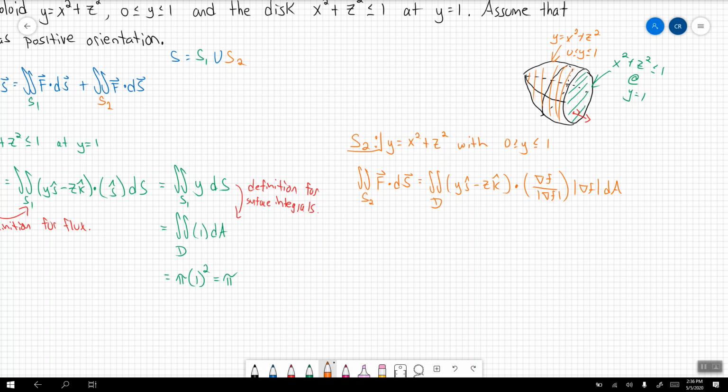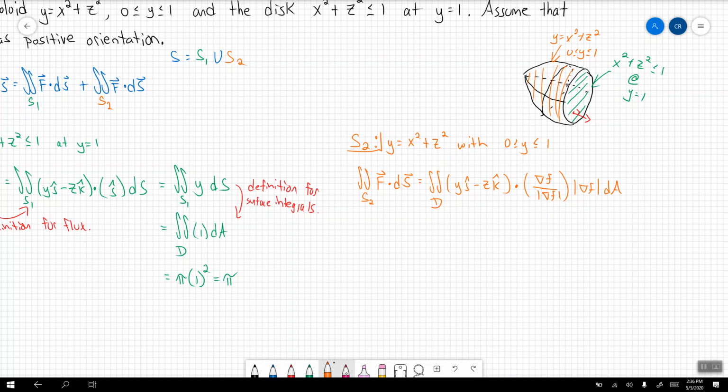In order to find that gradient, we're going to need to consider this specific function as a function of 3 variables. That way, once we find this gradient, it's going to be orthogonal to this specific surface.